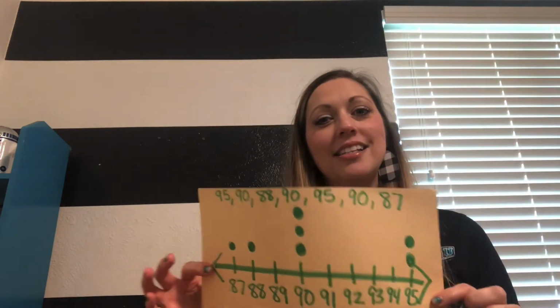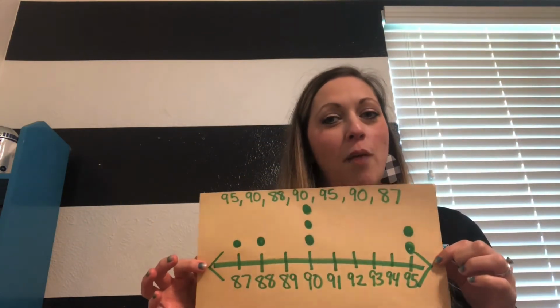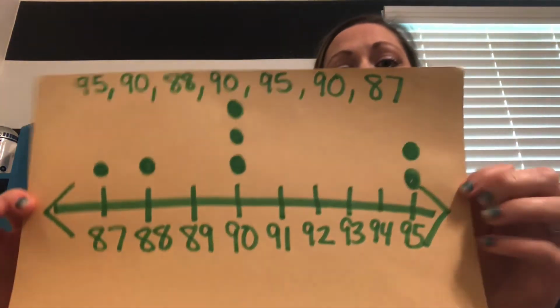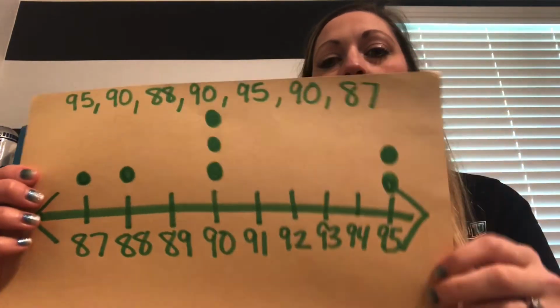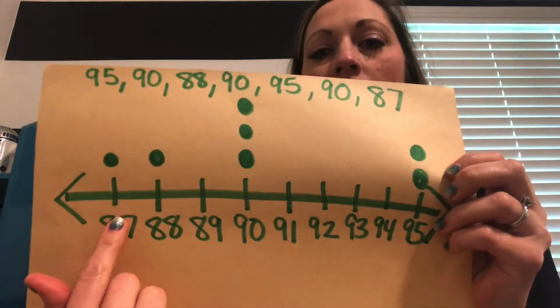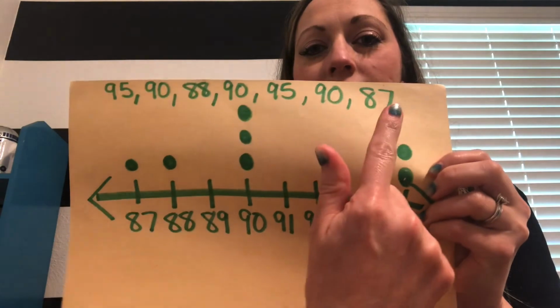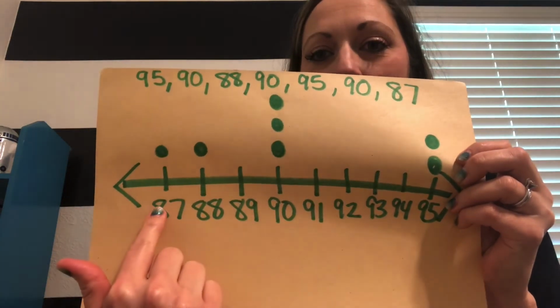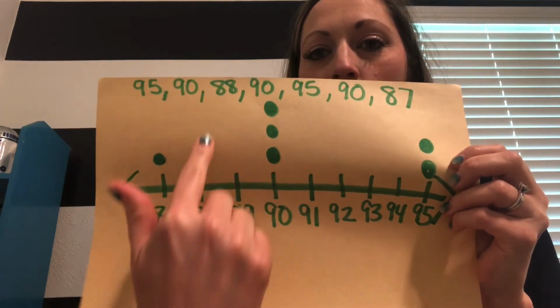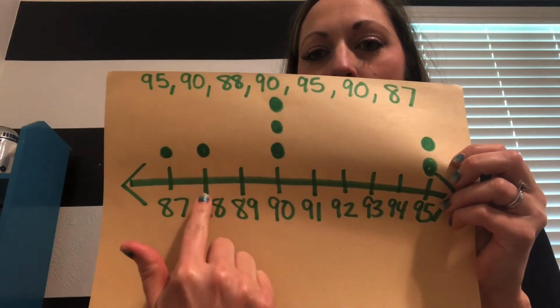Okay, so hopefully you paused the video, and now we can check to see if you did your dot plot correctly. Looking here, we'll start with 87. There was 1 87 listed, so I have 1 dot. There was 1 88 listed, so I have 1 dot.